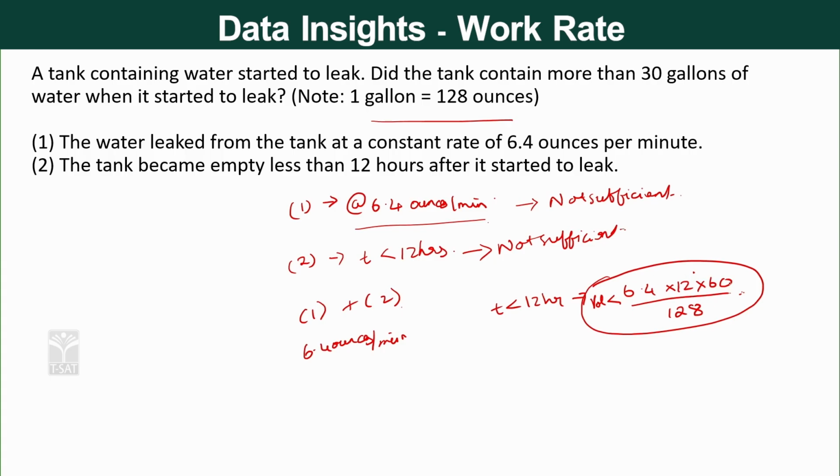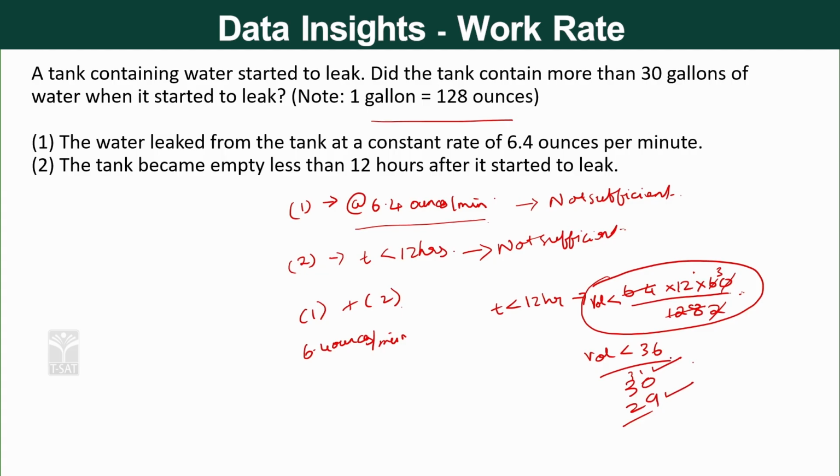So, we can cancel out the 0 and make 6.4 as 64, and 64 2s are 128, and 2 3s are 6. So, volume is less than 12 3s are 36. So, it can be 30, it can be 29, it can be 31 also. It can be either greater than 30 or less than 30.